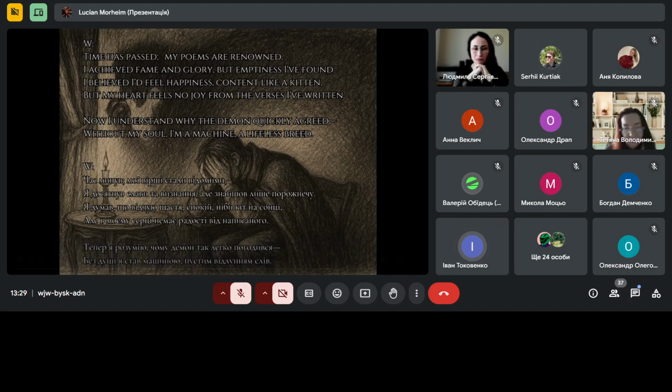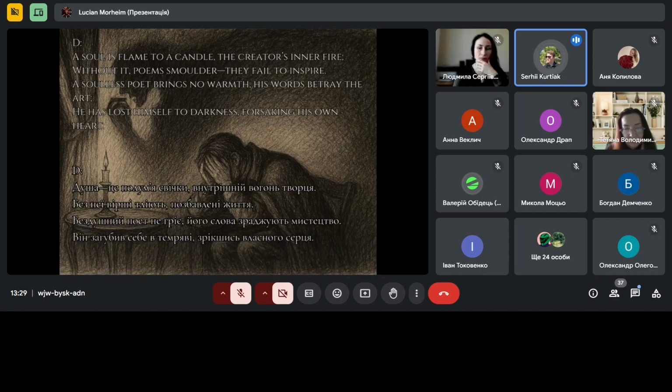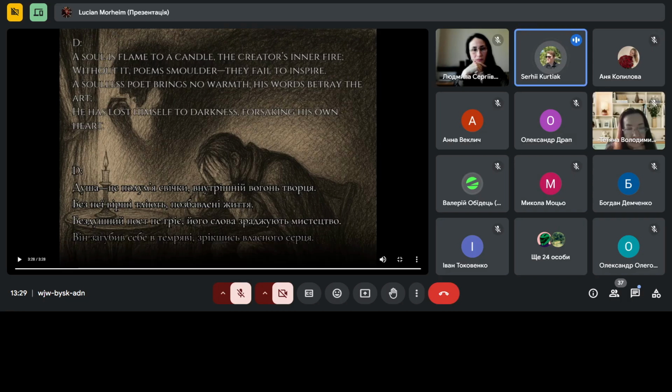Without my soul, I am a machine, a lifeless breed. A soulless flame to a candle, the creator's inner fire. Without it, poems smolder, they fail to inspire. A soulless poet brings no warmth, his words betray the art. He has lost himself to darkness, forsaking his own heart. Thank you for your attention. That's all.